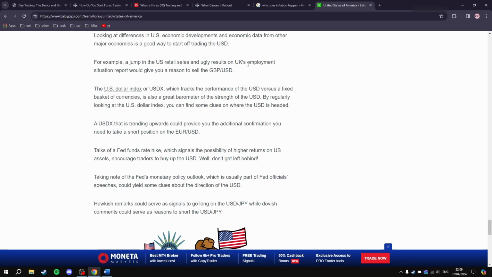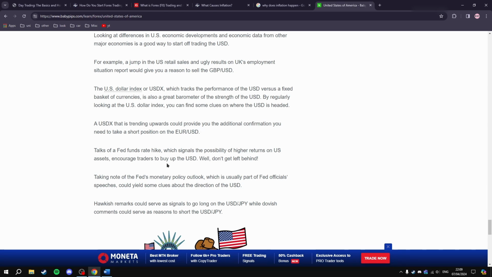So you believe it's going to take less USD to buy 1 GBP. Which is true because USD is going to strengthen against GBP, so it's going to take less USD to buy the same amount, to buy 1 GBP. Because the USD is stronger than the GBP. Okay, that makes sense.